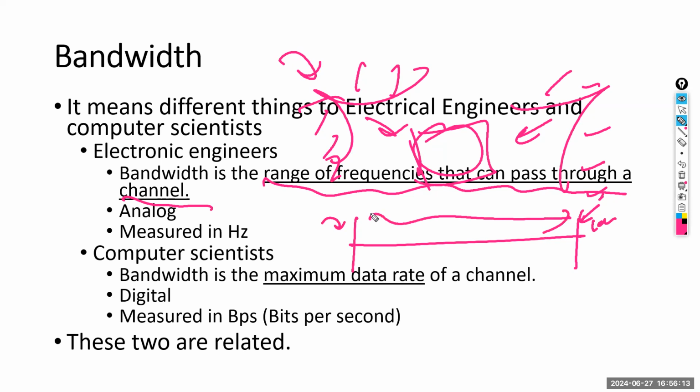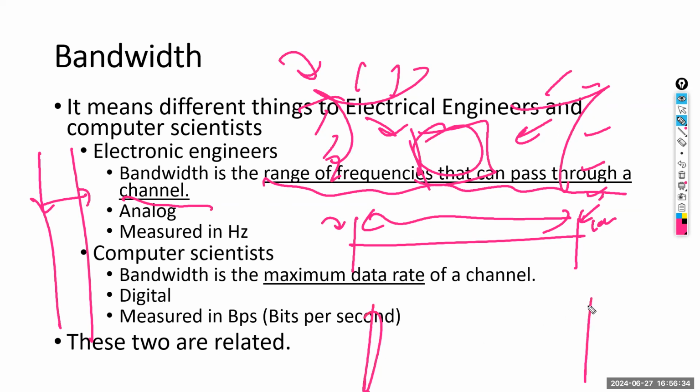That range is used for FM transmission. If you take fiber optics, or even copper wire, satellite communication, or tower to tower, signals are sent only within that frequency range, not less or more than that. That is called the bandwidth.